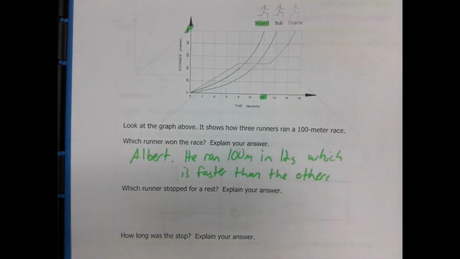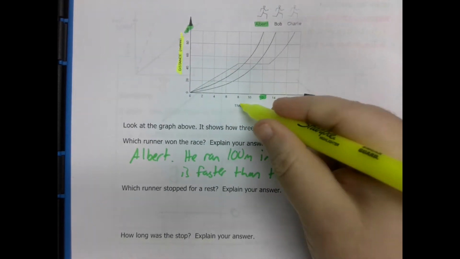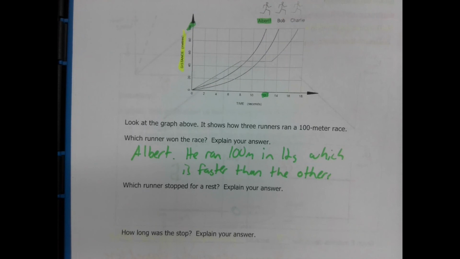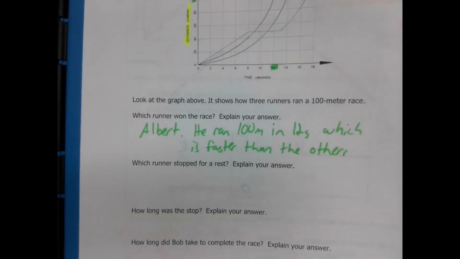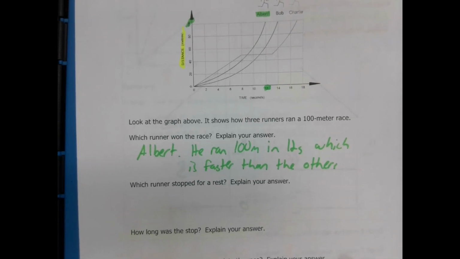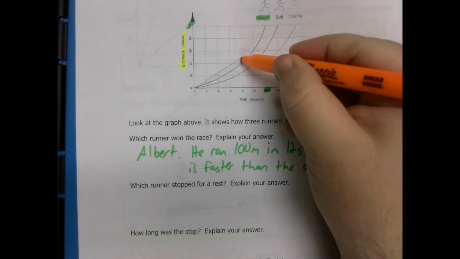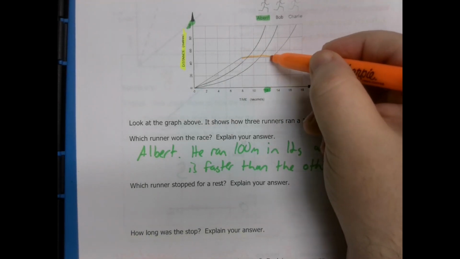Also, when you're looking at graphs, make sure that this is a distance, not a speed. So, which runner stopped to rest? So, Charlie stopped right here and rested.